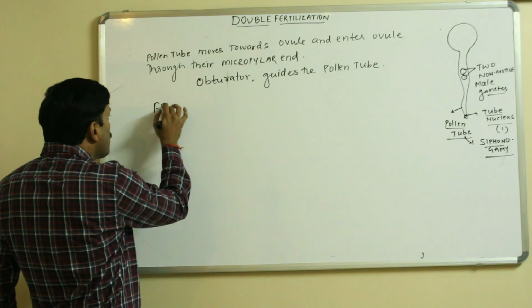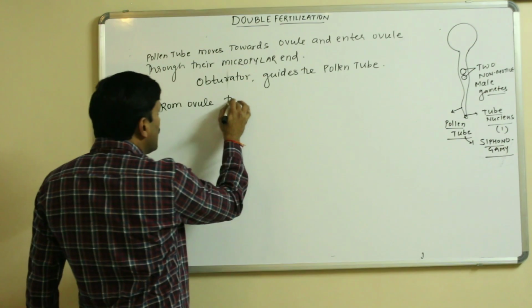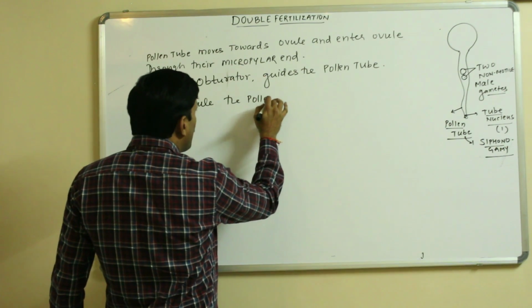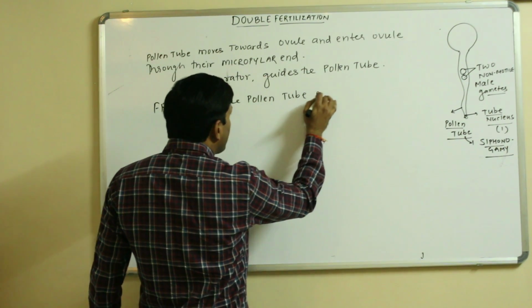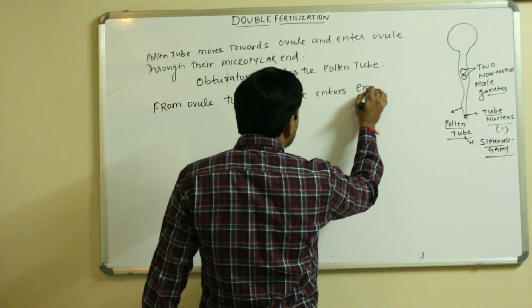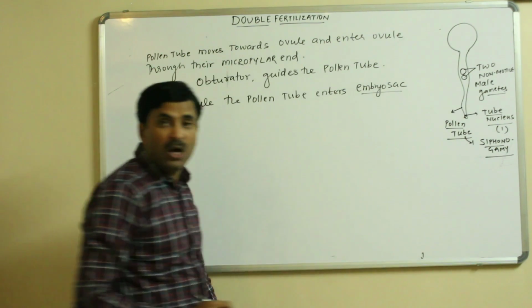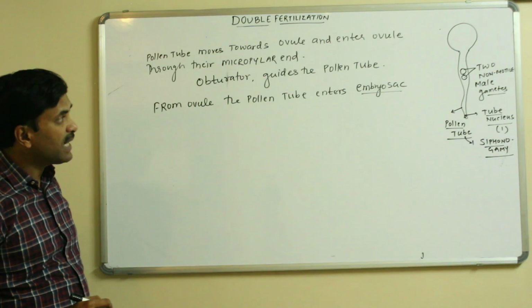Now, from the ovule, the pollen tube enters the embryo sac. How does it enter the embryo sac?